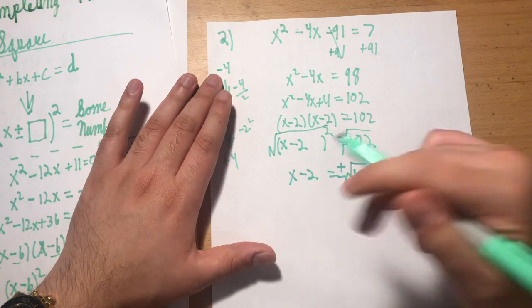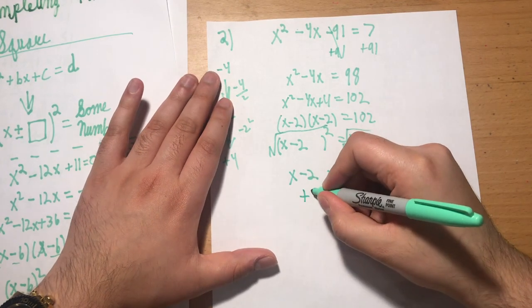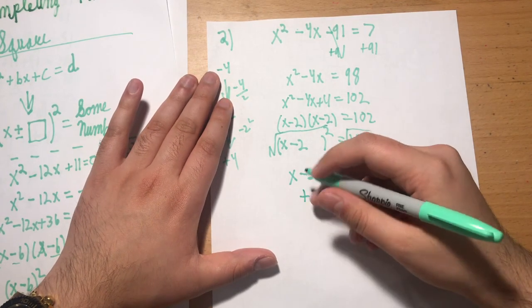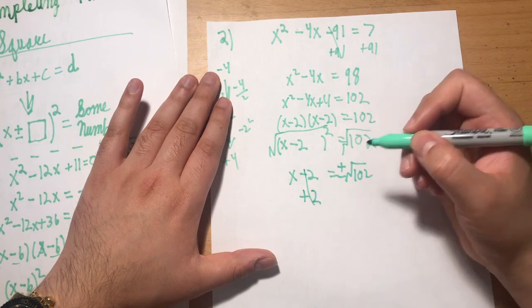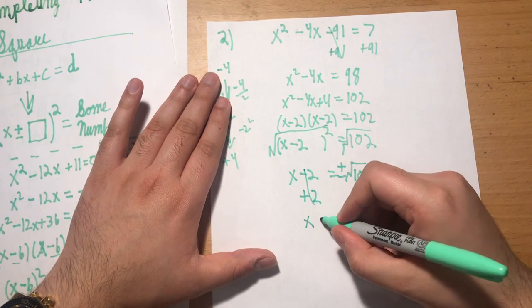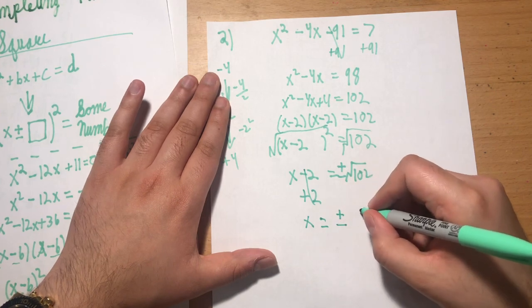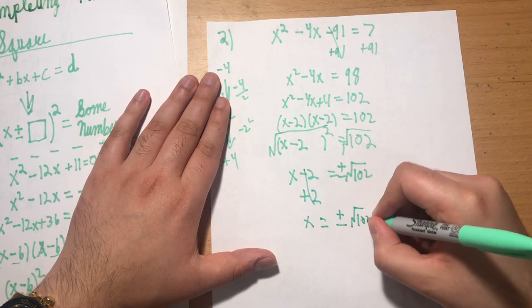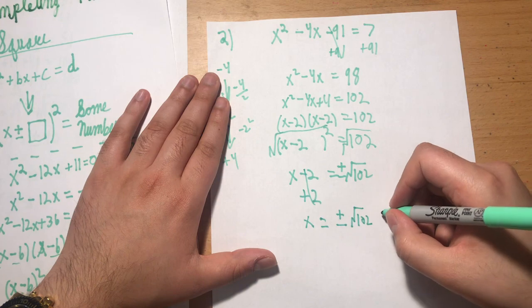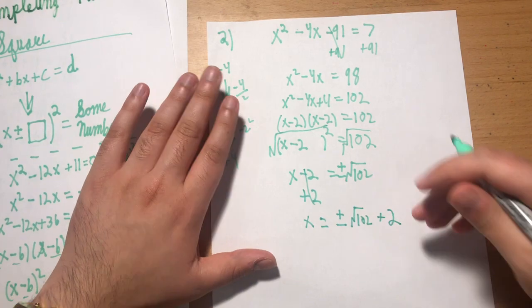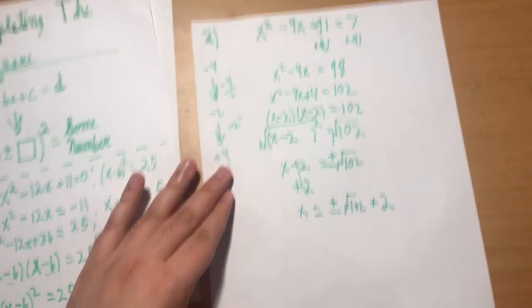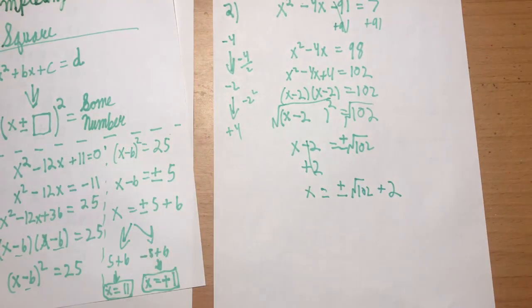Now, what we do, we add 2 to both sides to get rid of this negative 2, and we get x is equal to plus or minus radical 102 plus 2. And typically, if you can't reduce that, you could leave that as your final answer.